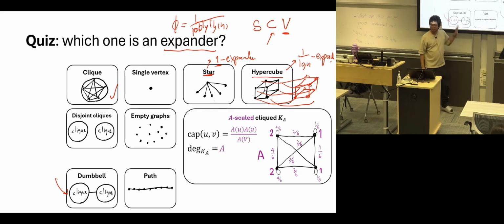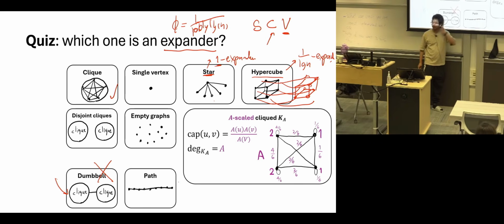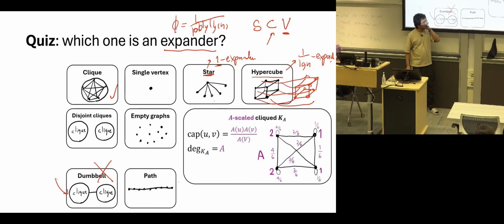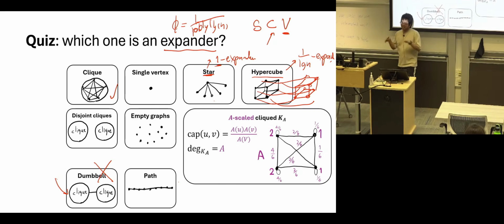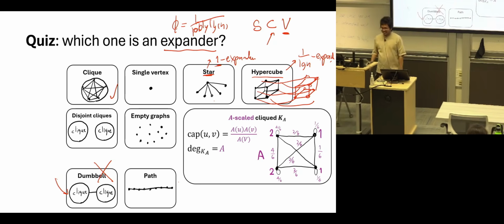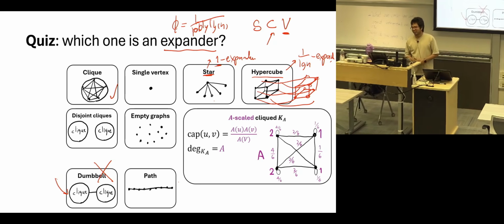This is not an expander. What about a path? Same, right? Just cut once, separate half and half. Basically, if you cannot find a sparse cut, that's an expander.